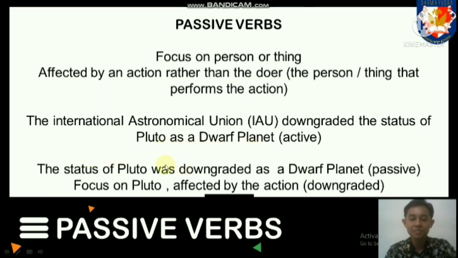The object is actually the status of Pluto, and then it is given an action which is downgraded, and surely by the doer, right? And surely who is the doer here? I think you know. The doer is the IAU, or the International Astronomical Union, right?